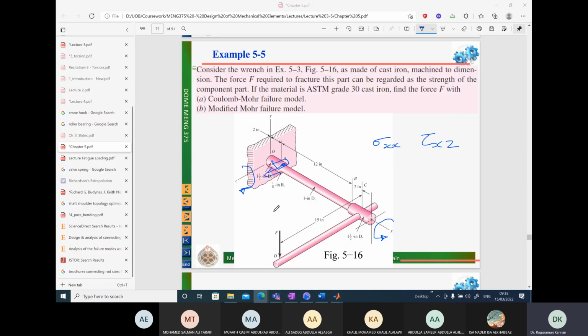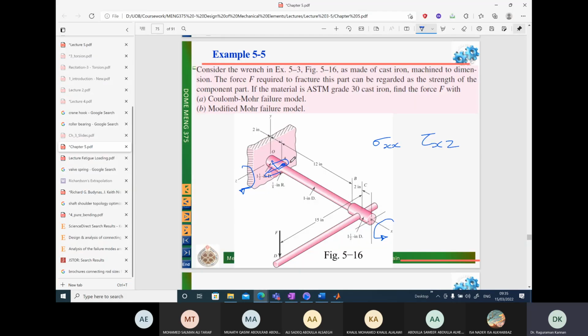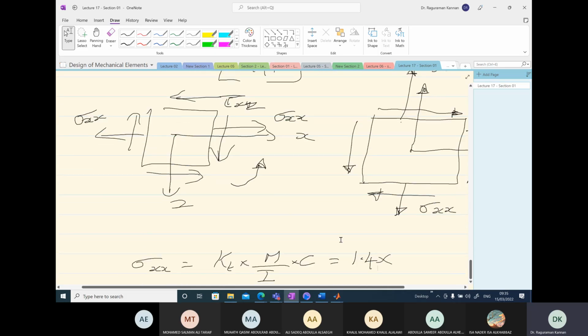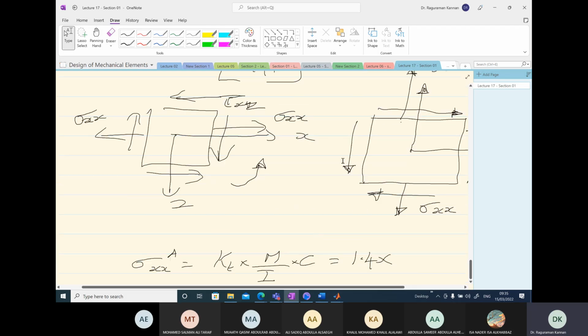The bending moment value, since we are calculating with respect to the z-axis, is 14F. But remember, we are calculating at the point A, which is tensile. So I will take the positive value here, 14 times F, over I.